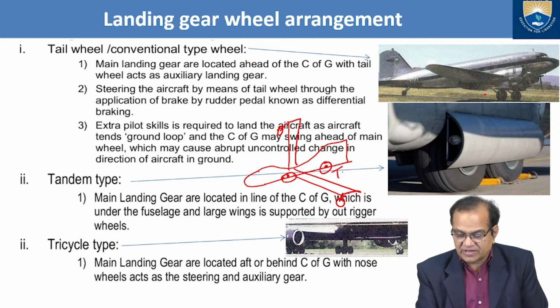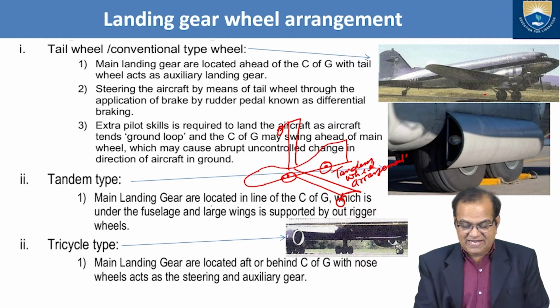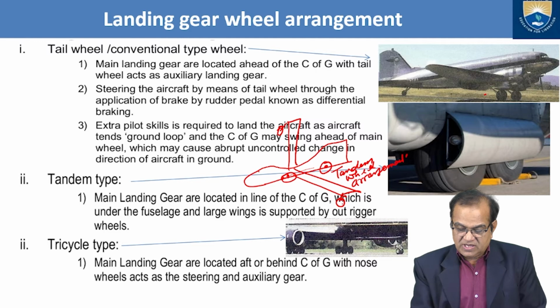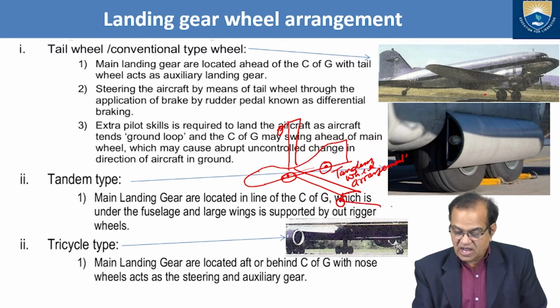This is called the tandem wheel arrangement. The main landing gears are located in line with the CG, near the CG, under the fuselage, and the large wings are supported by outrigger wheels. These are called outrigger wheels.